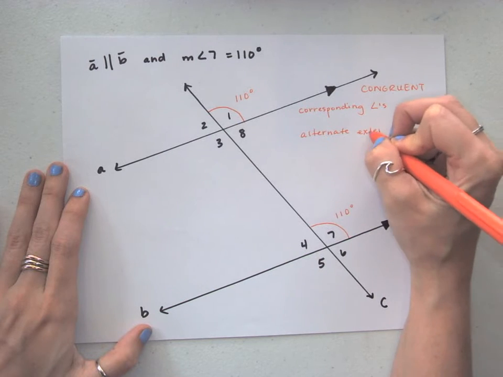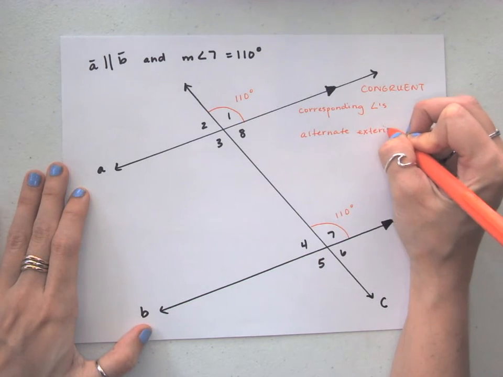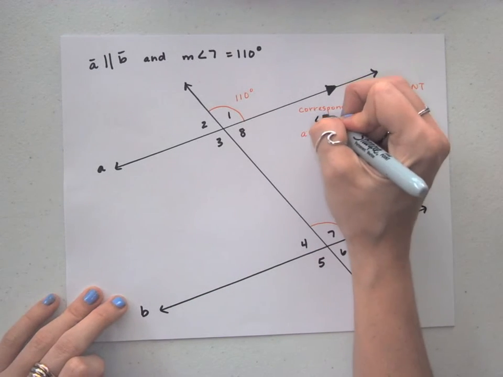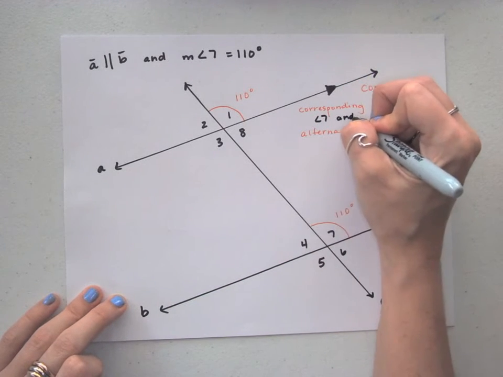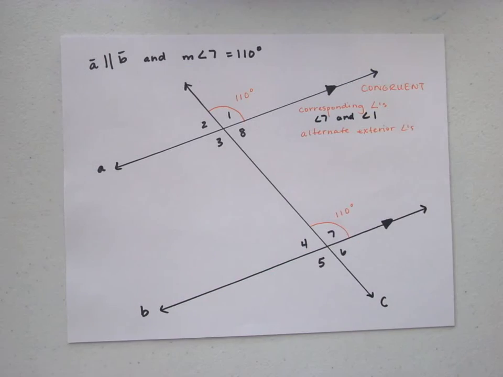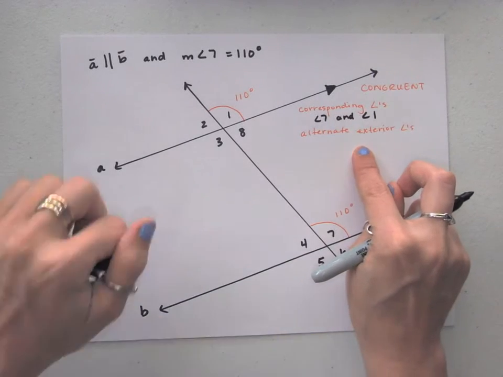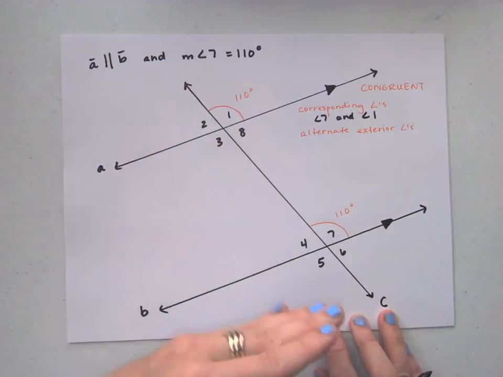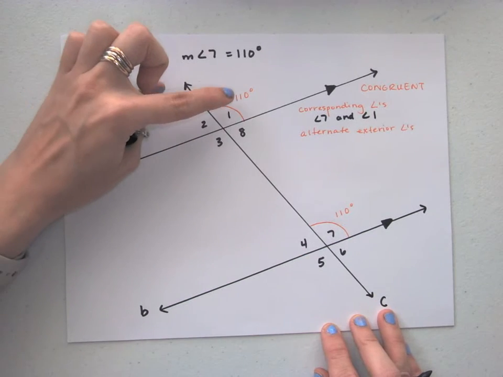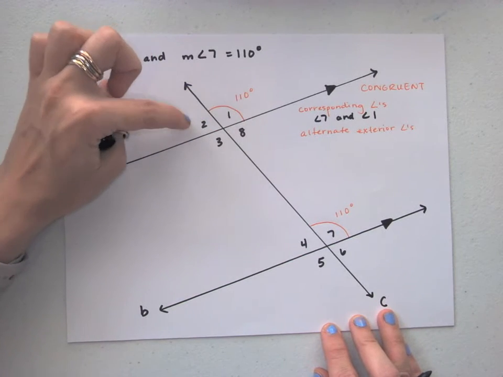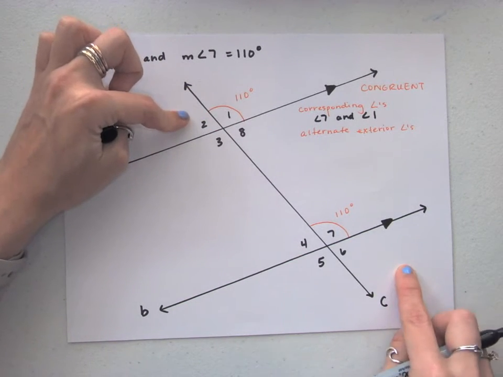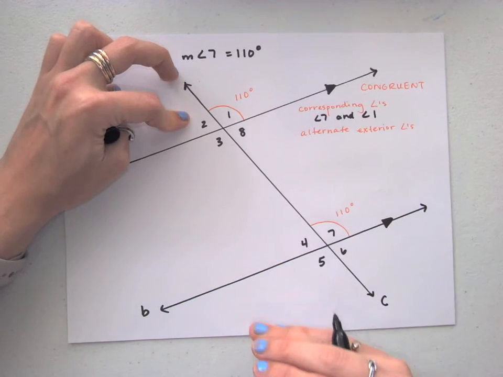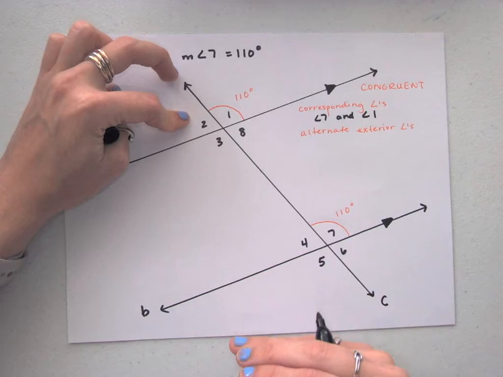Now that I know angle 1, I think I'm going to look at my alternate exterior angles. So first we did our corresponding angles. In this case, we started with angle 7 and angle 1. And now we're going to do our alternate exterior angles. So angle 1 is an exterior angle. That means it's on the outside of the parallel lines. So exterior angles are angle 1, angle 2, angle 5, and angle 6. And then alternate means to be on the complete opposite side of the transversal.